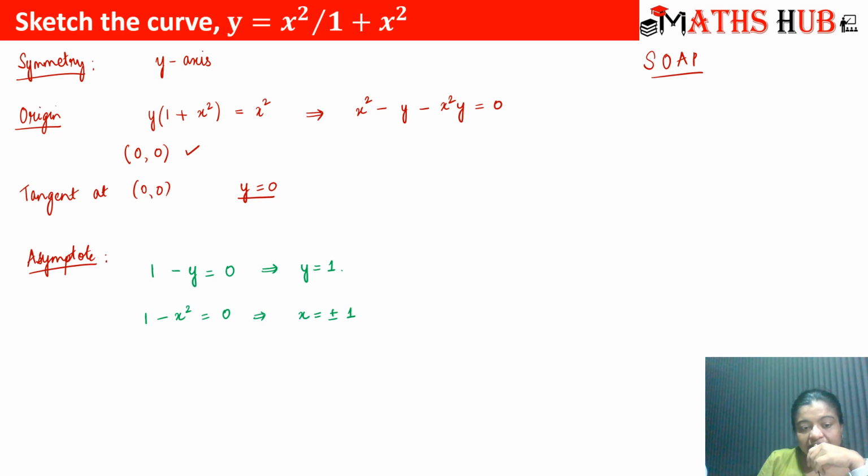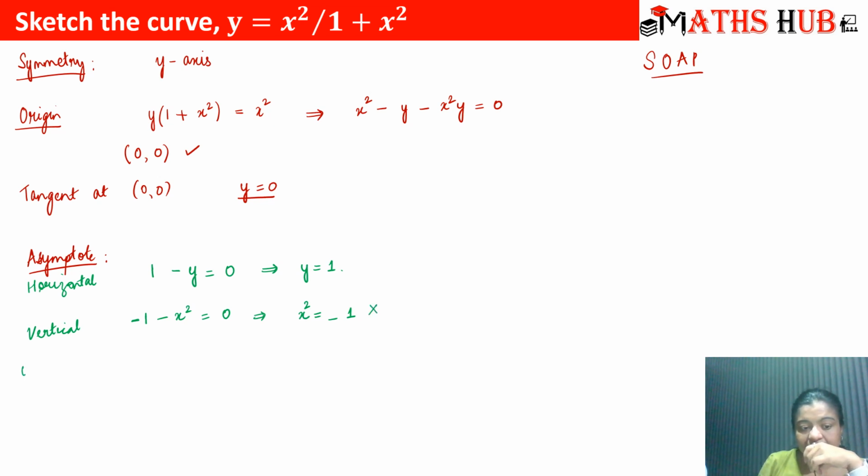So this is our horizontal asymptote and this is our vertical asymptote, right? Sorry, this will be 1 plus x square, so we will have x square is equal to minus 1, right? So x square is equal to minus 1 will not give rise to any vertical asymptote.